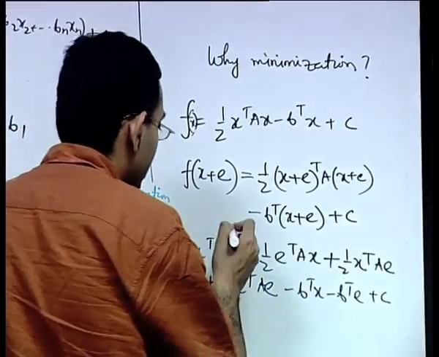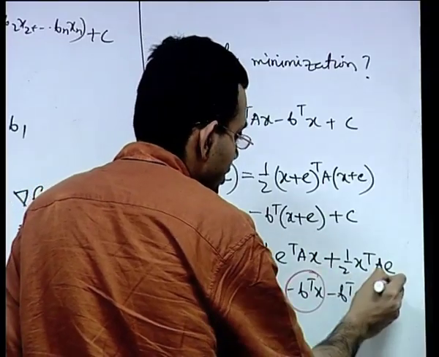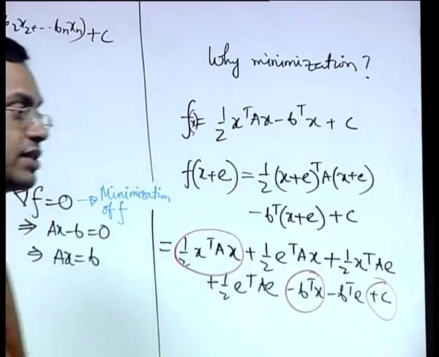We can isolate half x transpose A x minus B transpose x plus C, because this is f x.